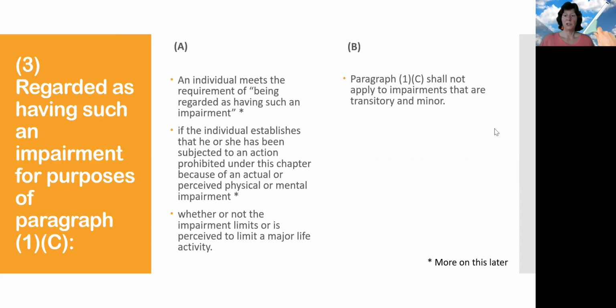Paragraph 1C shall not apply to impairments that are transitory or minor. A transitory impairment is an impairment with an actual or expected duration of 6 months or less.